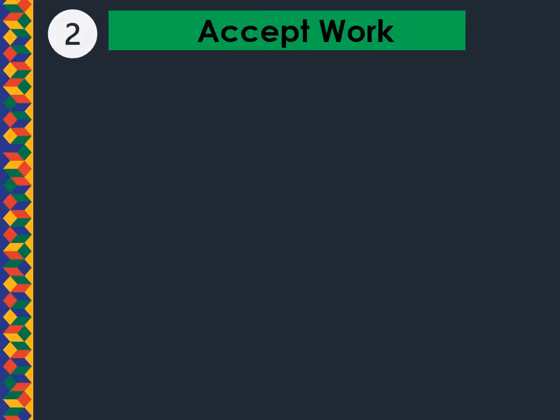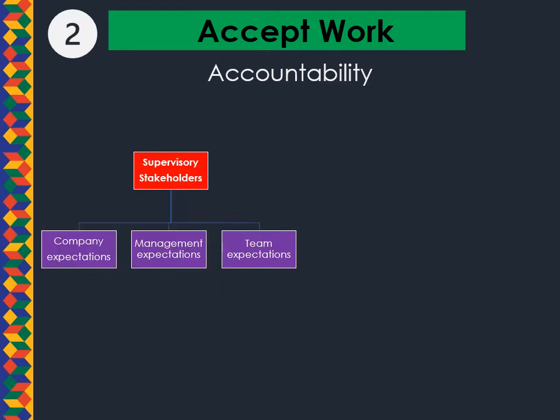Step 2, accept work. In this unit, we look at the concept of supervisory accountability. I think you'll agree a supervisor who does not take accountability for his or her role, that's going to be a huge problem. So in this unit, we focus on 2 key aspects.